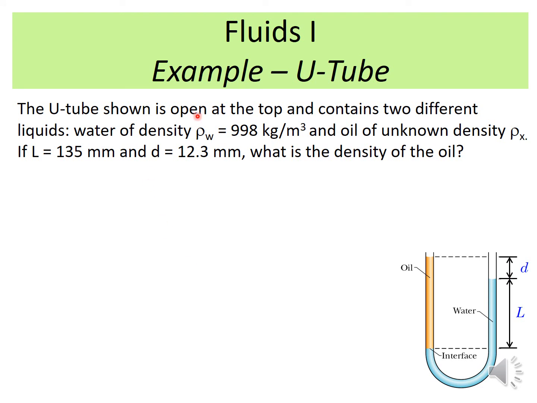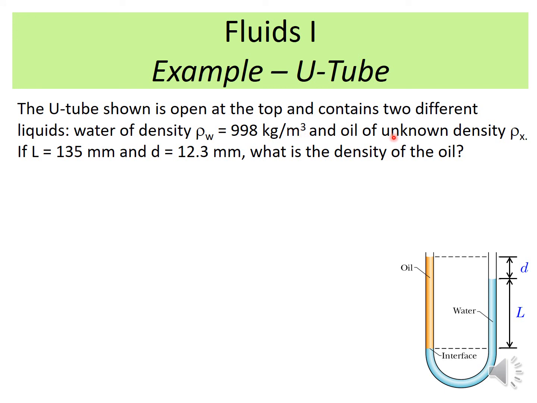So what are the data given? We have a U-tube which is open on top, so on both sides it's open. That means on both sides we do have atmospheric pressure available. It contains two different liquids. The water is given with its density, 998 kilograms per cubic meter.